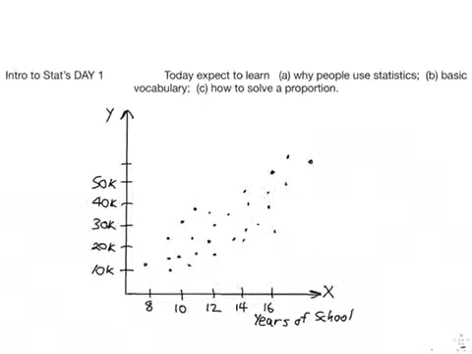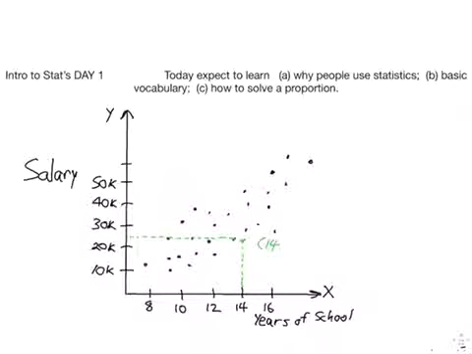What I've got here is a graph comparing years of school for a person to that person's salary. If I set the salary here in thousands of dollars, what I want you to see is that for a particular person, let's pick on this individual right here, with 14 years of school, this person's salary comes to be about $25,000.